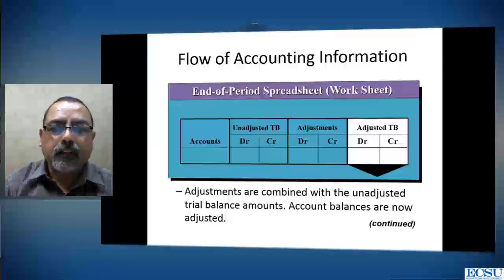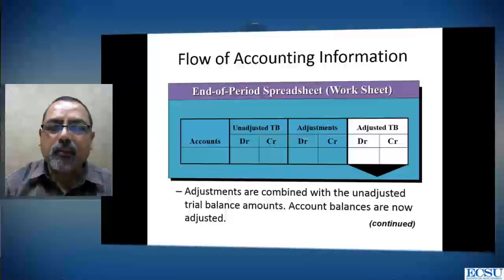The debit in the unadjusted trial balance should be added to the adjustment to calculate the debit column in the adjusted trial balance, and a credit in the adjustment should be subtracted to calculate the balance in the adjusted trial balance.